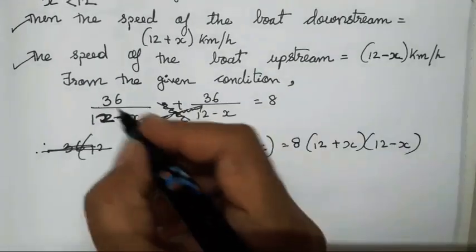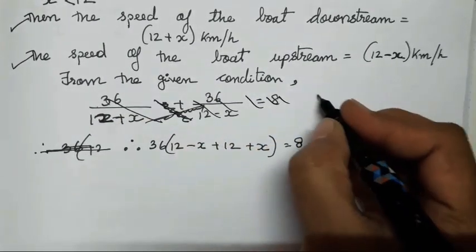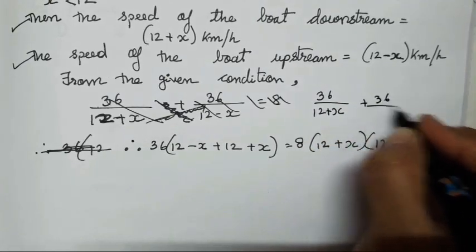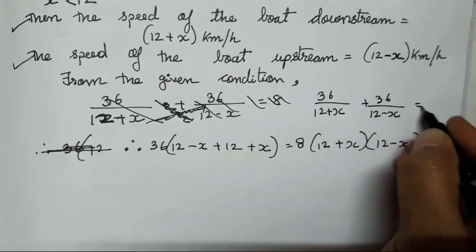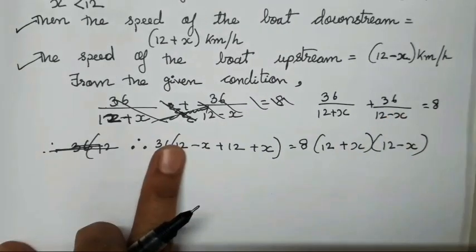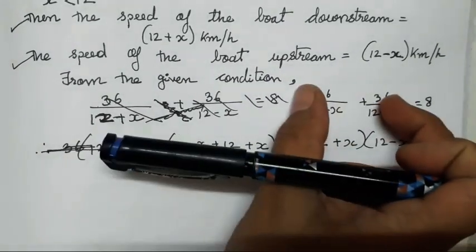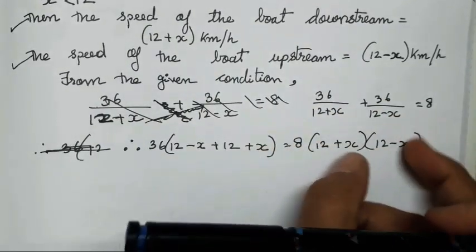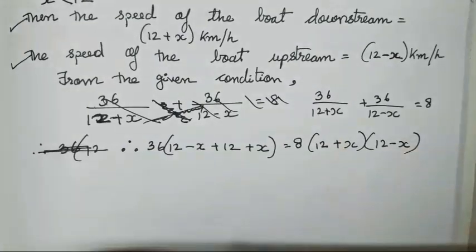So don't miss this. I will reduce it and write it again: 36 over (12 plus x) plus 36 over (12 minus x) is equal to 8. So 36 was common, therefore we have taken downstream and upstream together.